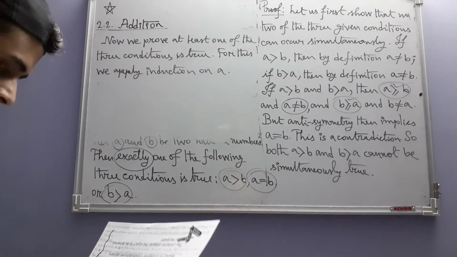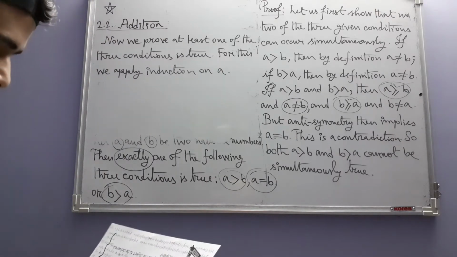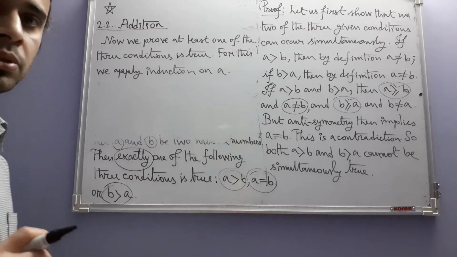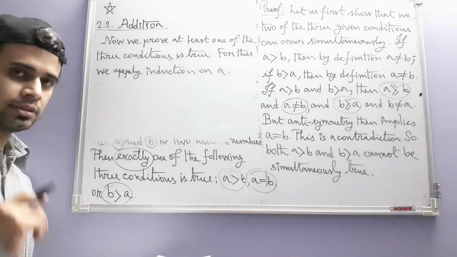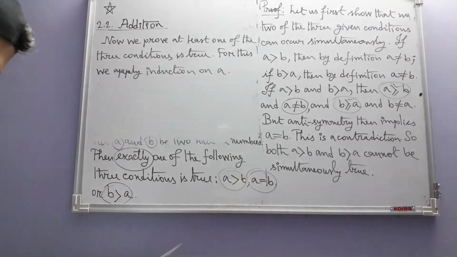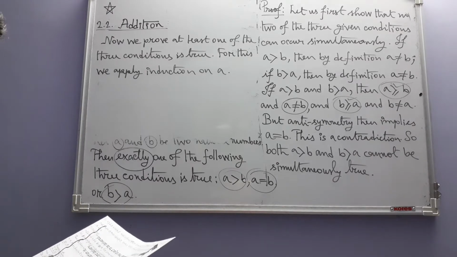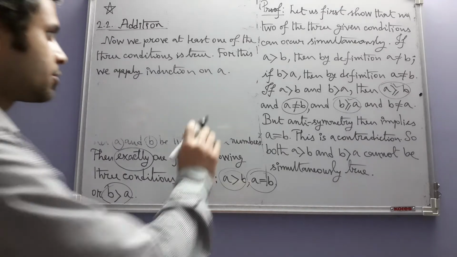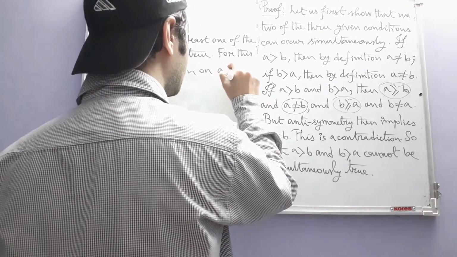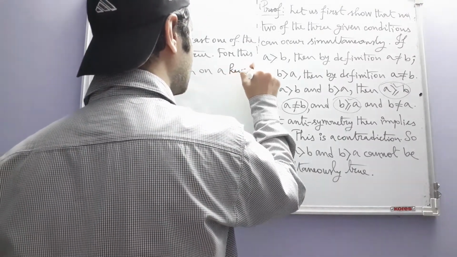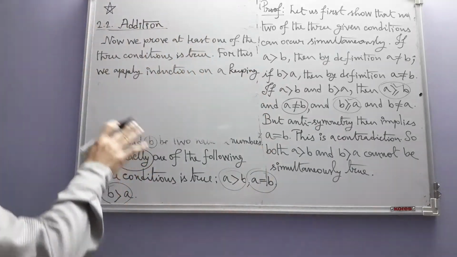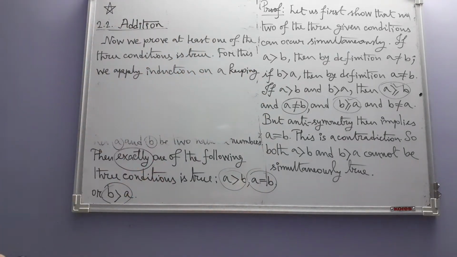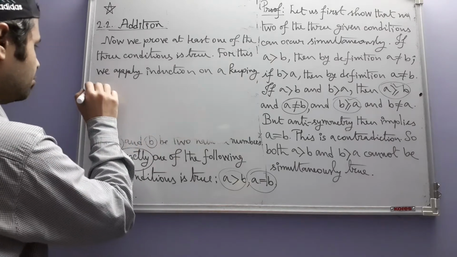Now here I will just write the proof verbatim to what is given in the text. There is a reason. The reason will become apparent pretty soon. By induction on A, keeping B fixed. Although not verbatim, the logic I will keep the same.